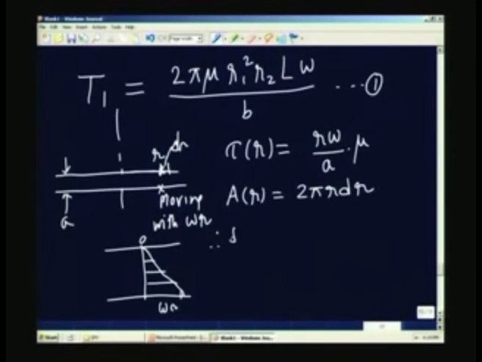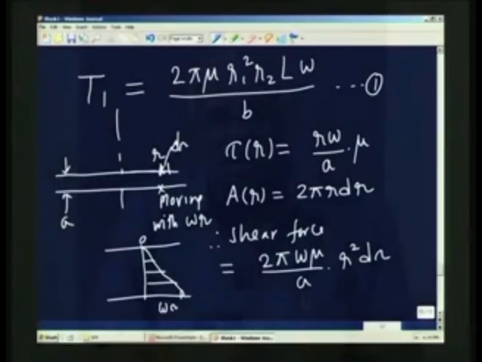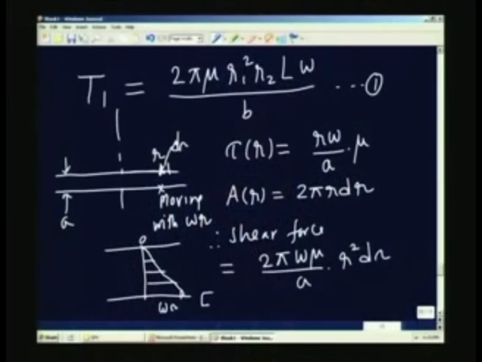Therefore, this is a shear force equal to tau into area, which will give you 2 pi omega mu by a multiplied by r squared dr. And this is going to give rise to a torque. We will call it the elemental torque.